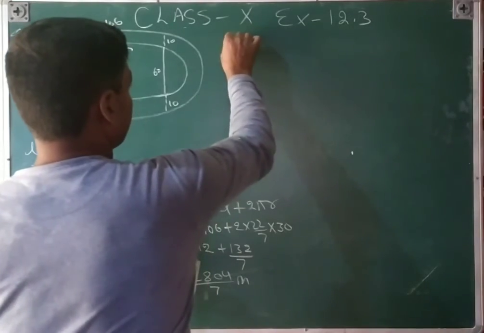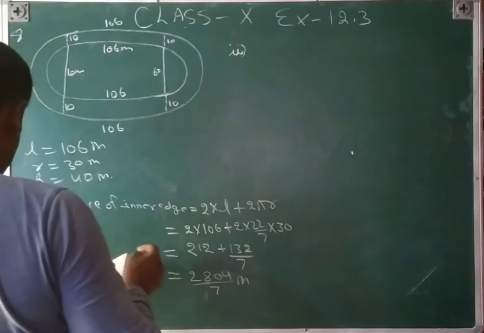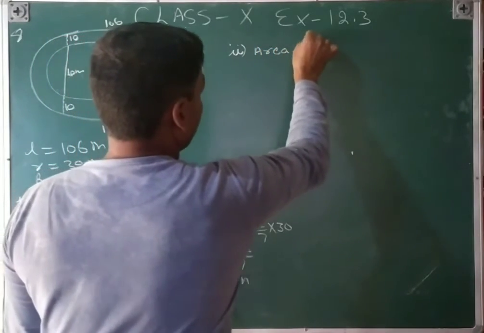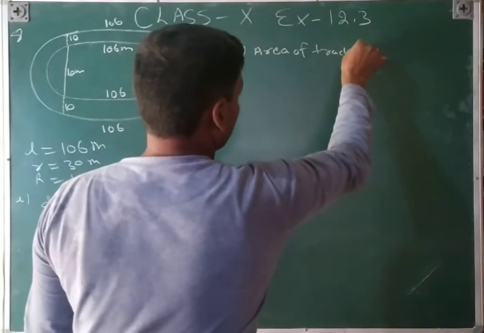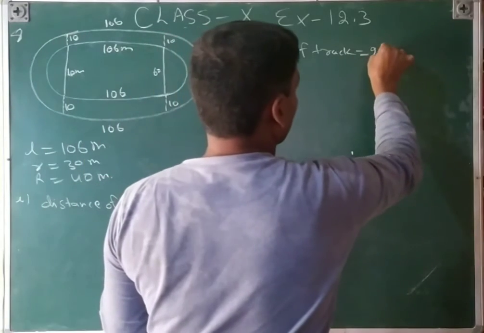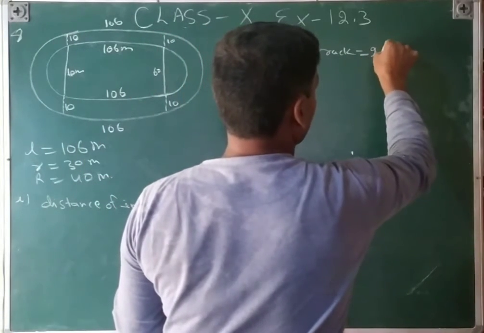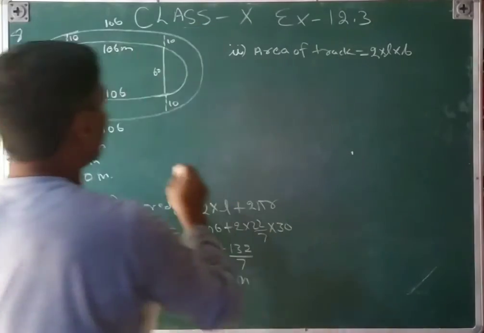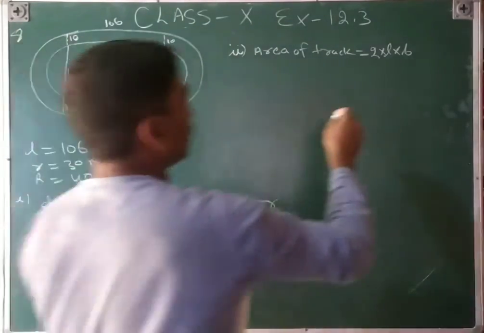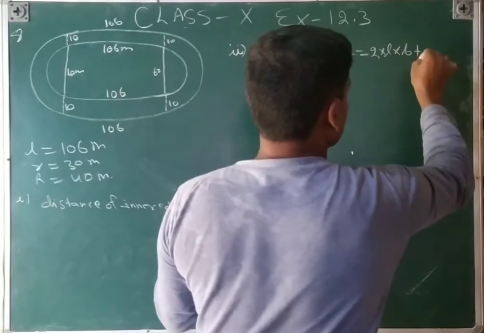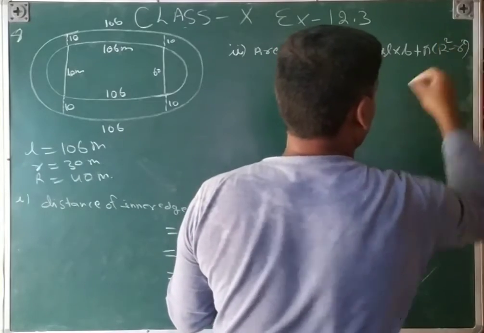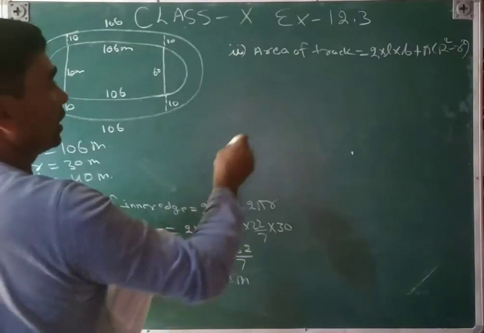Second part, area of track. Area of track is equal to area of 2 into L into B, that is a rectangle, and then plus pi R square minus r square, because 2 radii are here.